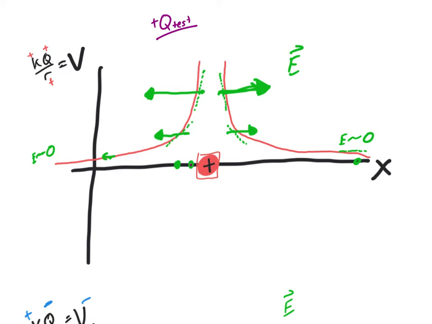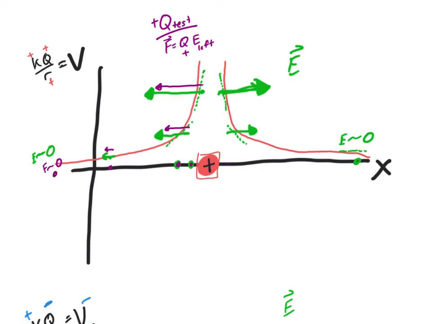So if I put it here, then it's going to be pushed in the same direction as the electric field, because F is equal to Q times E. If the electric field is to the left and Q is positive, then the result is still going to be to the left. Similarly, at that location it'll be in the same direction, and way out here the forces keep on getting smaller and smaller, depending on where we put the charge.